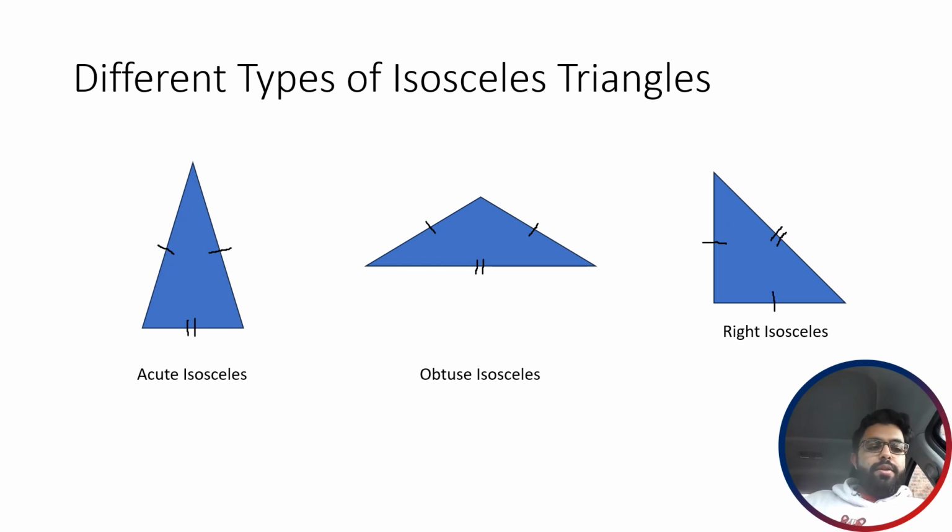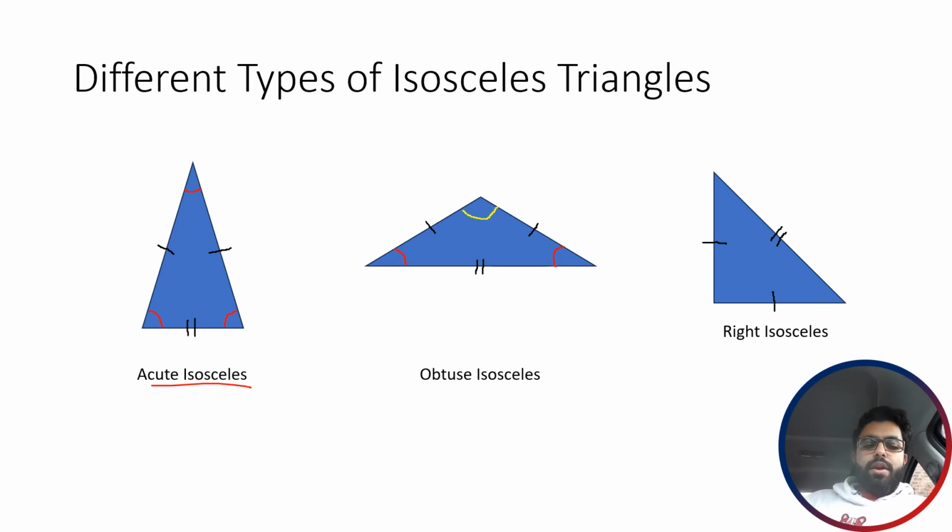But in this first one, this is an acute angle, it's smaller than 90 degrees. This is an acute angle, and this is an acute angle. So because they're all acute angles, this is an acute isosceles triangle. In the second one, this is an acute angle, this is an acute angle, but this is an obtuse angle up here.